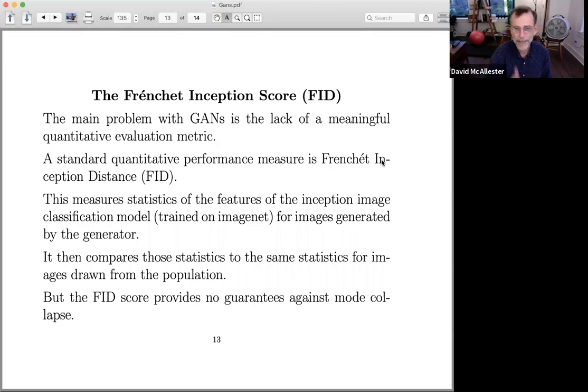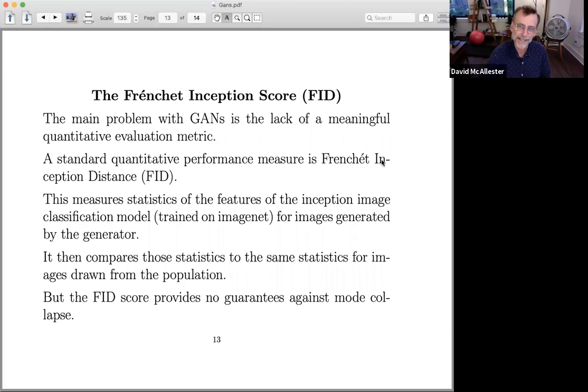And that layer in the network assigns a feature vector to every pixel in the image, or maybe some downsampled image. So what you do is you take real images and you look at the features that are computed in this layer of Inception. And you take the generator images and you look at the features that are computed in this layer of Inception. And then you take statistics on those features.